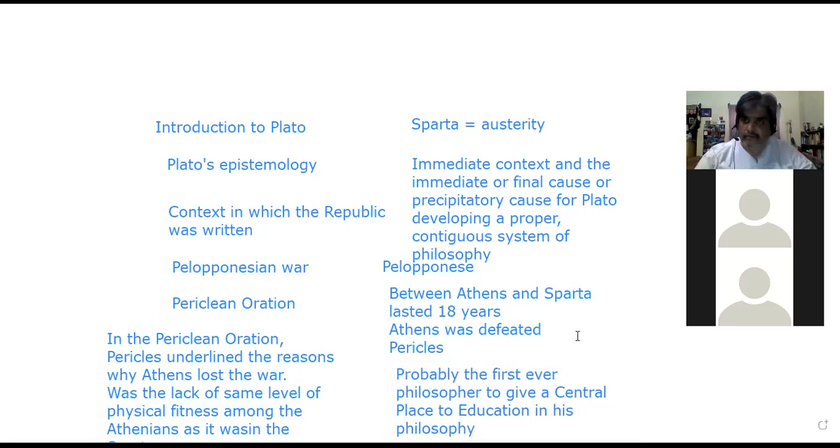There are a lot of philosophers who are educators. Okay. For example, his own student, Aristotle, also was a teacher, right? He was a teacher in Athens. He was a teacher to Alexander the Great.